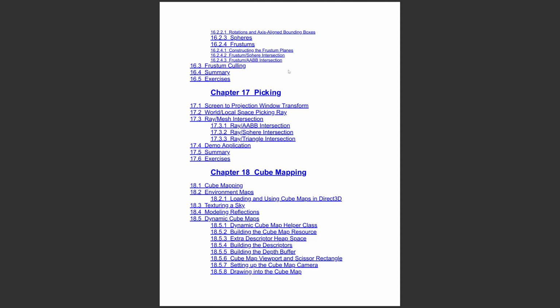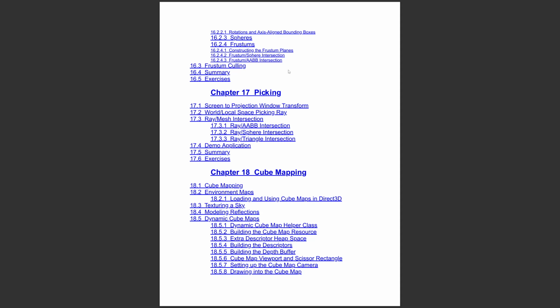And we have chapter 7 on picking, which I actually don't know anything about. But we have sections on screen to projection window transform. We have world, local space, picking ray. We have ray mesh intersection. We have ray AABB intersection, ray sphere intersection, and ray triangle intersection and demo application.